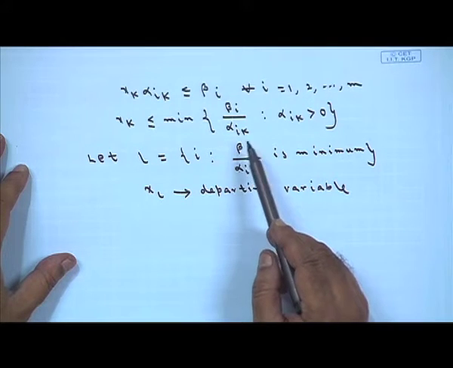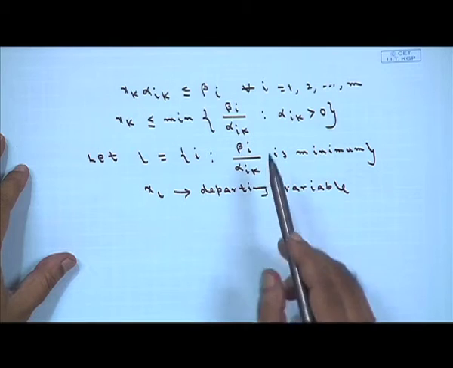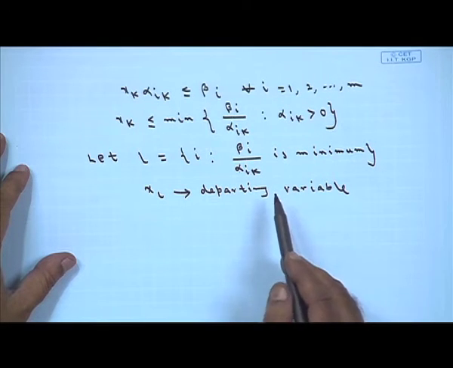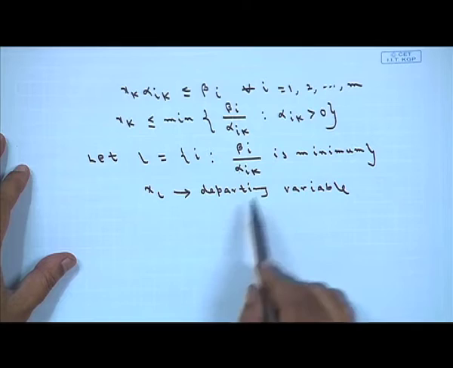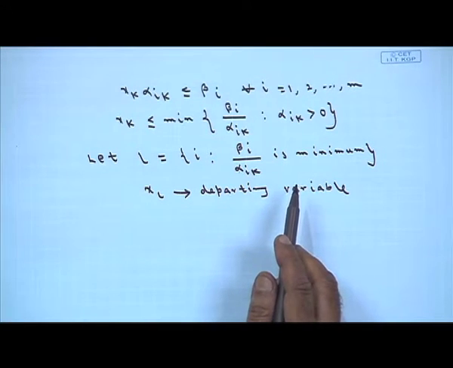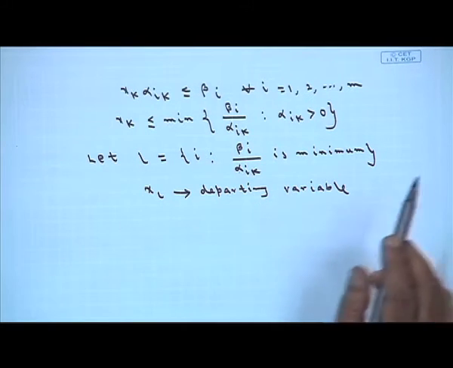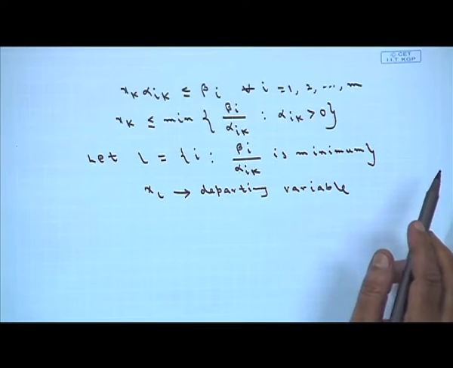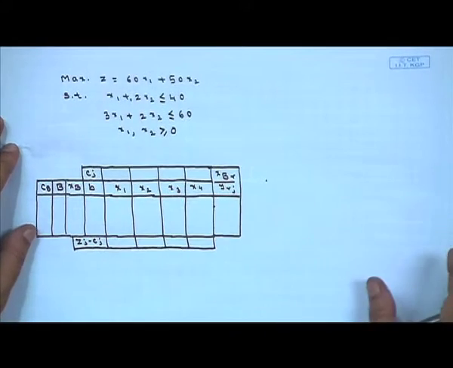Whenever we are solving the problem, we will see to it. When beta_i by alpha_ik is minimum, the variable corresponding to that will be the departing variable. So I think it is a little bit clear now: how to use the entering variable, and then how to select the departing variable. Let us now take one example of how to find the solution of this type of equations.